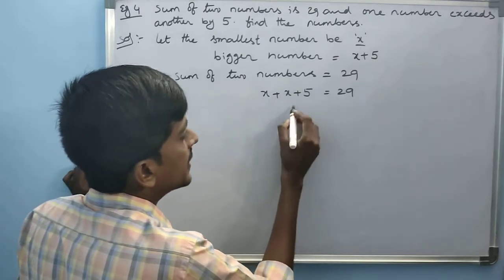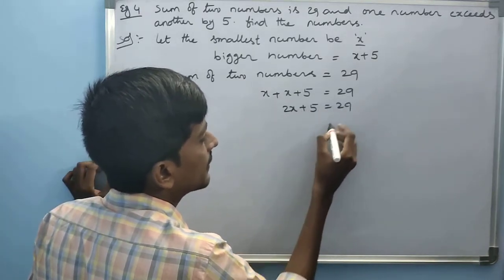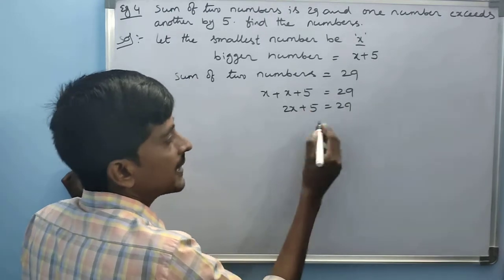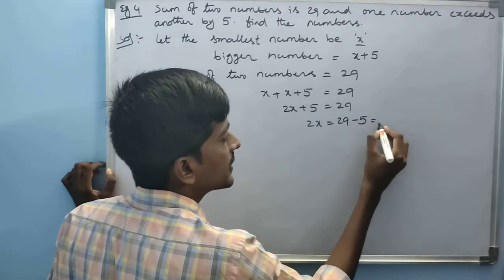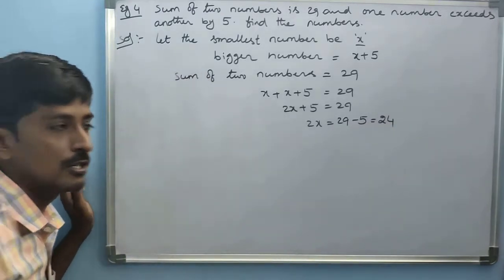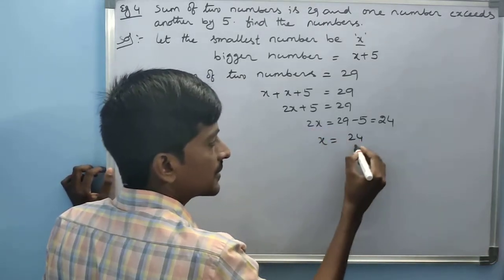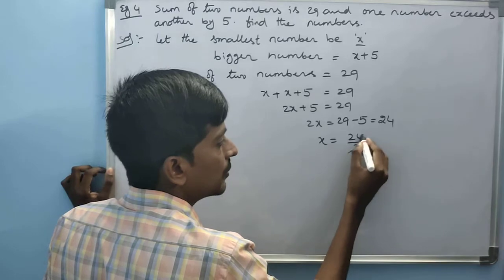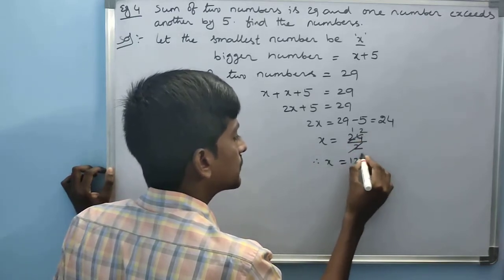How many x's are there? 2x plus 5 equals 29. Transfer plus 5 to that side: 2x equals 29 minus 5, which is 24. Then 2 is transferred to that side: x equals 24 by 2. 2 ones are 2, 2 twos are 4, so x equals 12.